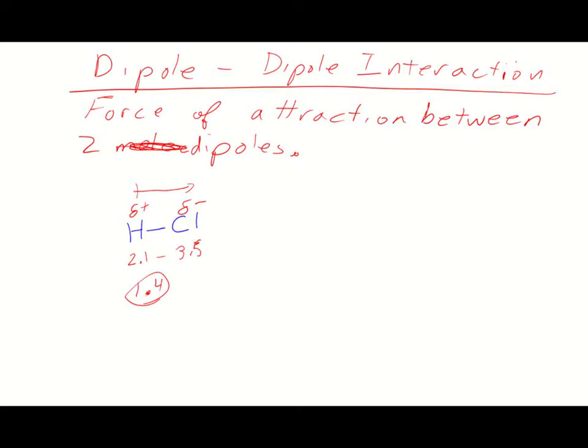Well, we know that full charges are attractive to each other. We saw that at work in ionic compounds. We know that opposites attract. The same is true for partial charges.